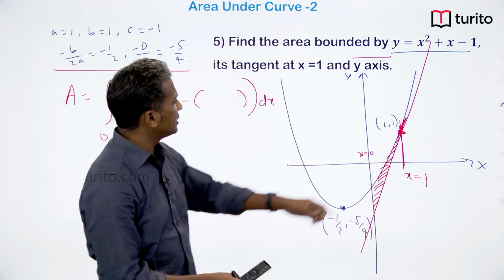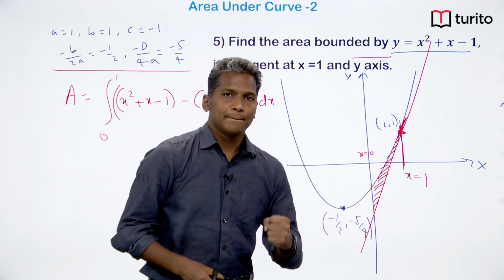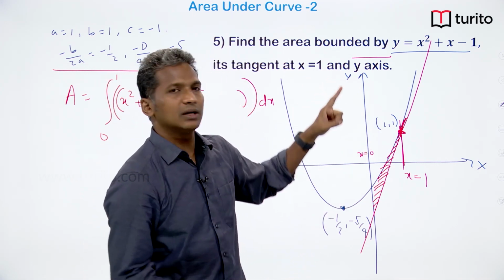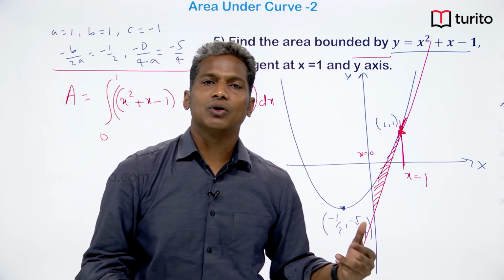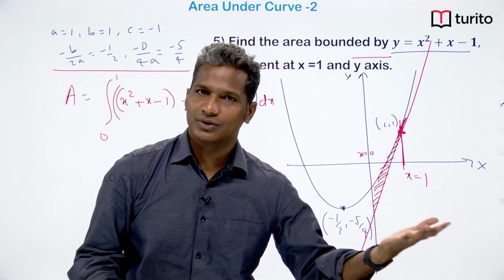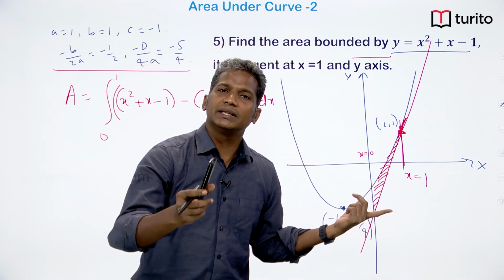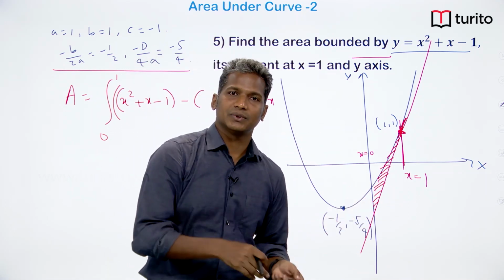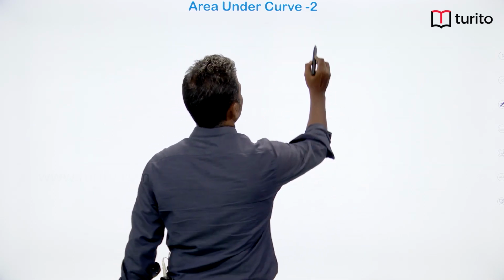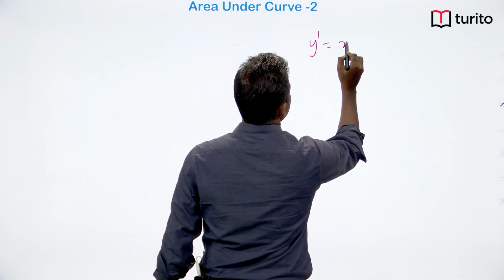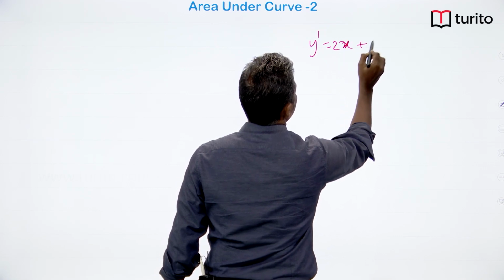Now how do we find the equation of tangent here? Two ideas. Because this curve is a second degree curve, we can always go for S1 equal to 0, or we can also go for finding the derivative and finding the tangent. Okay. So I will just go for the second idea. Here y dash becomes 2x plus 1.